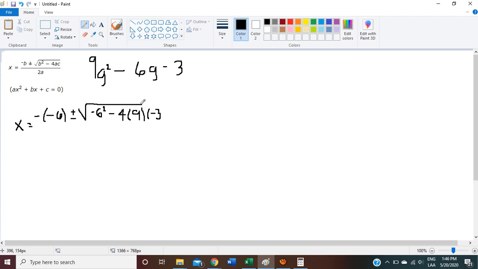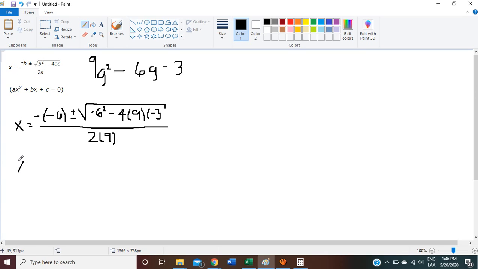Be careful with the symbols. Don't forget to write the symbols, otherwise you're going to get a wrong answer. So all of it is going to be divided by 2 that multiplies A, and A in this case is 9. Okay?